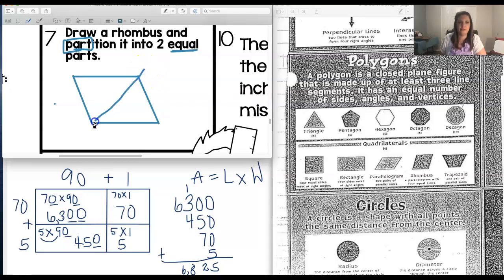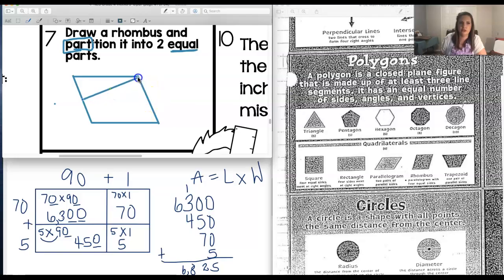And then I'm simply going to divide it in half. If you divide it in half, you should be able to fold it over on top of each other and have an equal part. I could do it that way, or I could simply put this in the middle and divide it into equal halves that way, or I could go the other way and put it into equal parts that way.